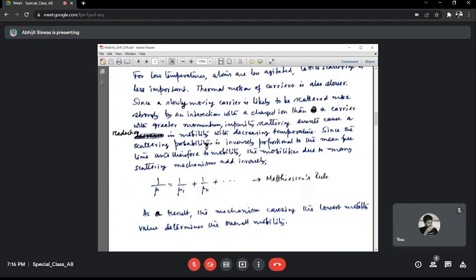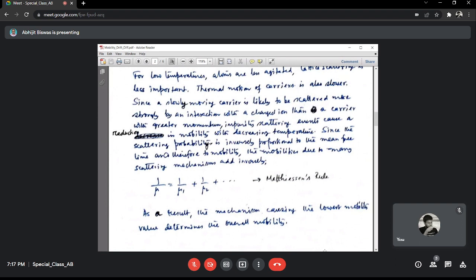So corresponding to each scattering mechanism, we can assign a mobility to the carrier, and in general there will be a number of scattering mechanisms present in the semiconductor. Therefore, in order to calculate the overall mobility of the carrier, we can use Matthiessen's rule.